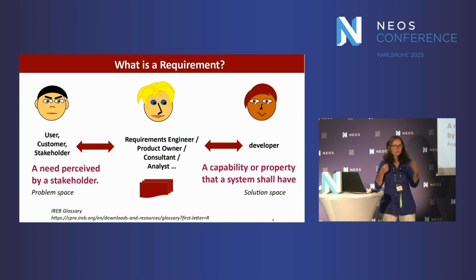They need something for their work, so they have work processes that must be supported by some technology. And then you have the technical experts, and the requirements in the solution space describe properties of the system, functionalities, and they talk of buttons or whatever. So even requirements are something that need to be translated from one language in the other.